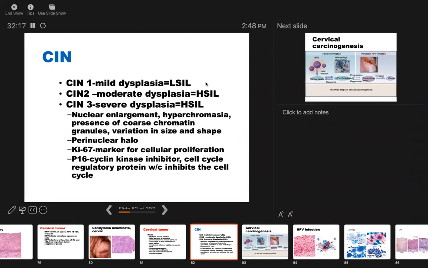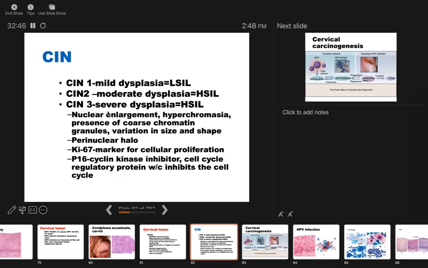Now, in the book, the current classification is a two-tier pattern: the low-grade squamous intraepithelial lesion and the high-grade squamous intraepithelial lesion. So take note, 1, 2, 3, mild, moderate, severe, but LSIL is basically 1, and 2 and 3 fall under HSIL.